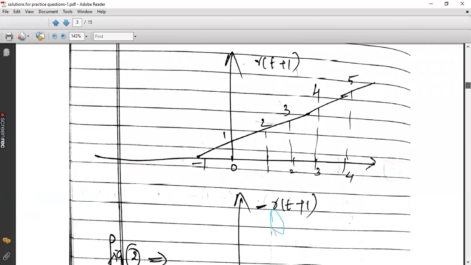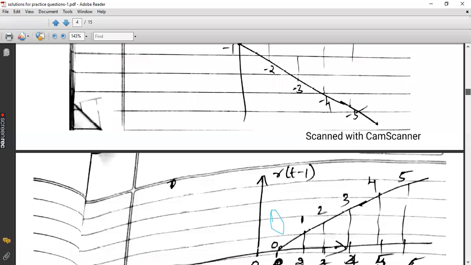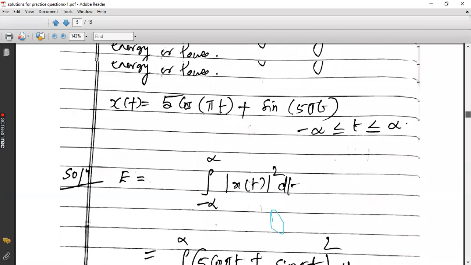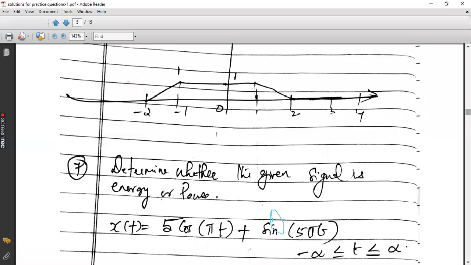Here it is +4. So when you add all these things, it will cancel. So likewise, after time t equal to 3, there is no signal at all. So it will always come towards 0. That means it will retain on the x-axis itself. So this is the output signal that you get after addition of 4 signals.